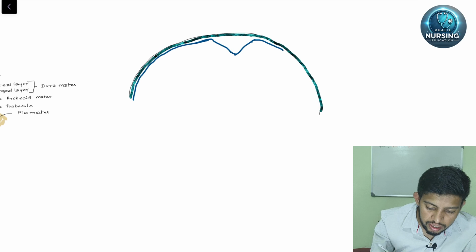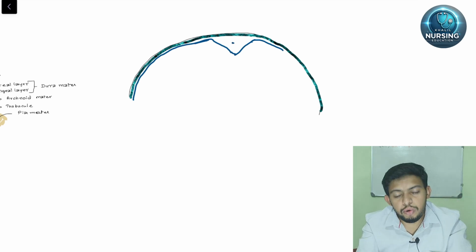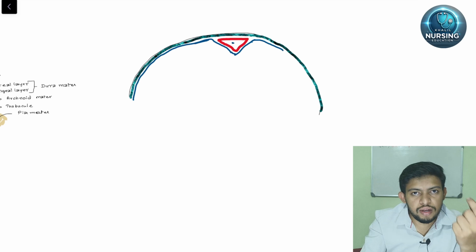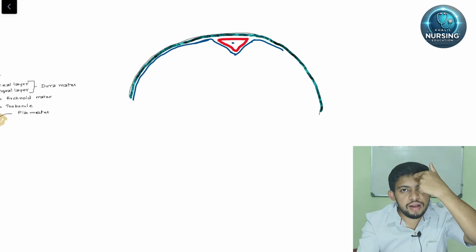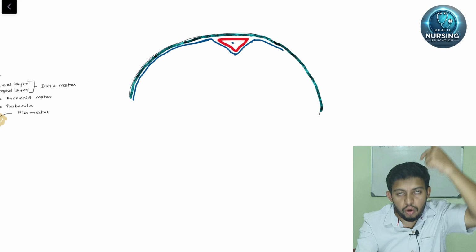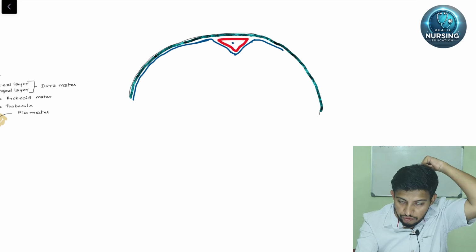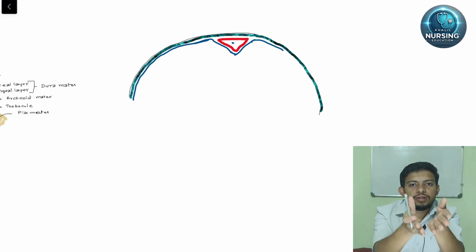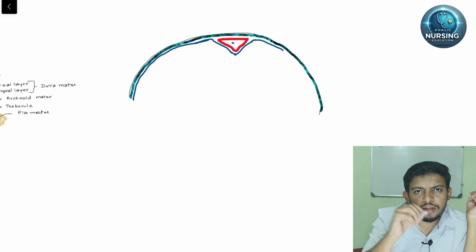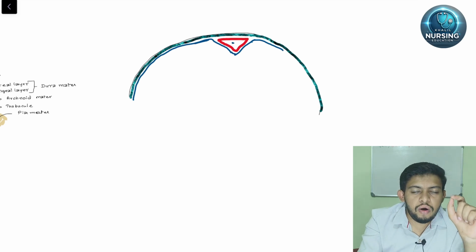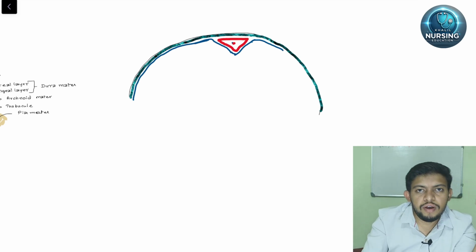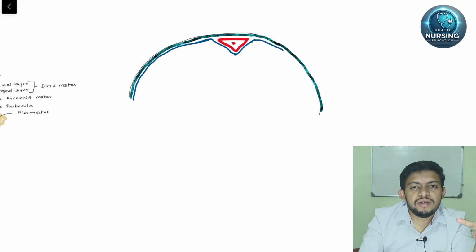This area contains endothelial linings, and the endothelial linings make a channel along the front aspect to the occipital aspect. In this channel there is drainage of the CSF, which acts as venous drainage.